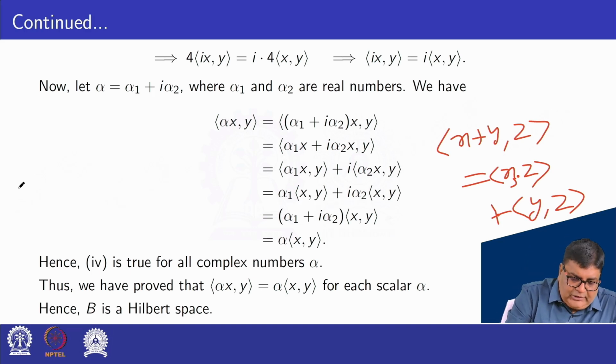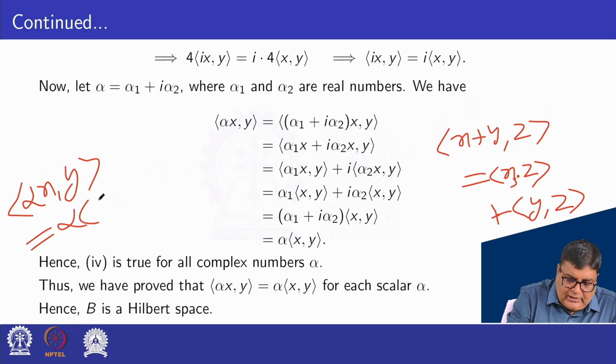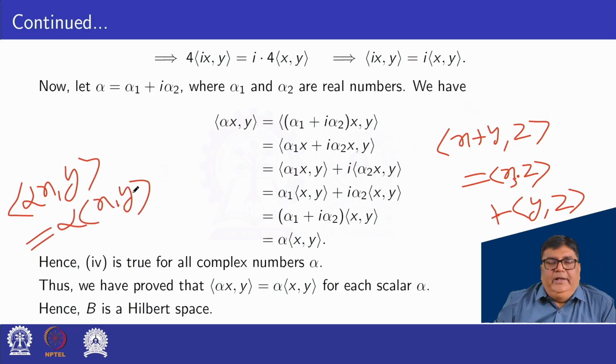So again using the property that the inner product of alpha x, y equals alpha times the inner product of x, y for any scalar. Here alpha 1 and alpha 2 are real, so for real scalars we can write them outside.